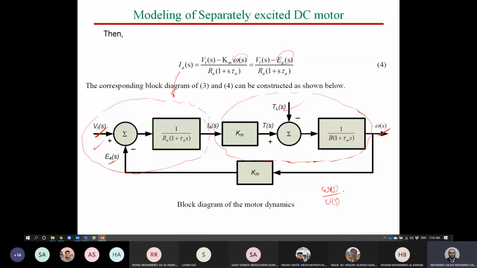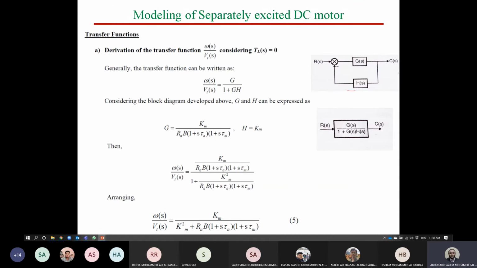But for simplification, let's find a transfer function under a simple assumption. So assume firstly we have TL equals 0.